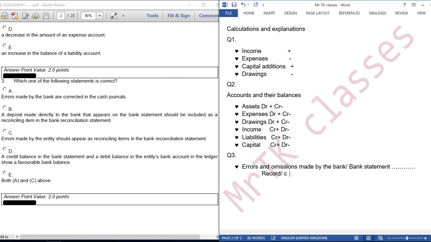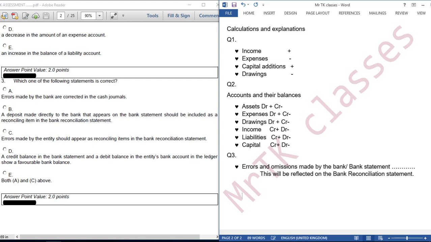Or let me just say this has to be reflected. This will be reflected on the bank reconciliation statement.